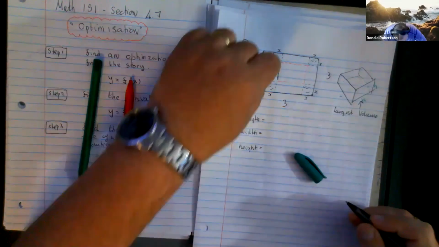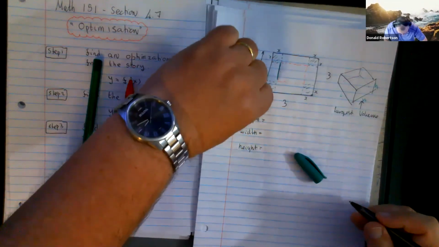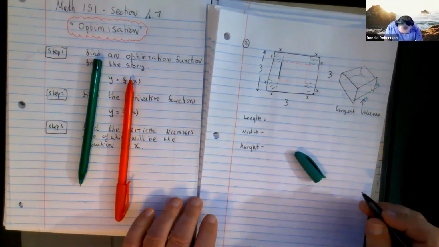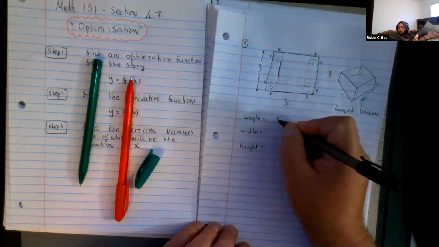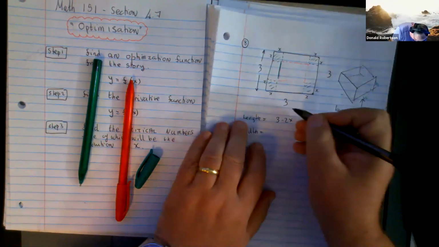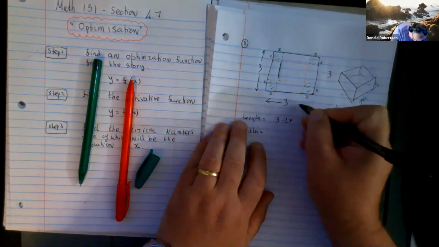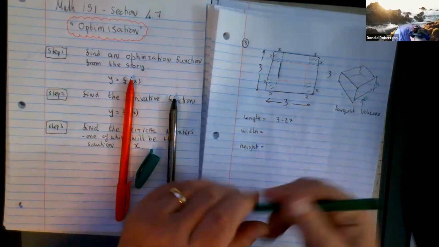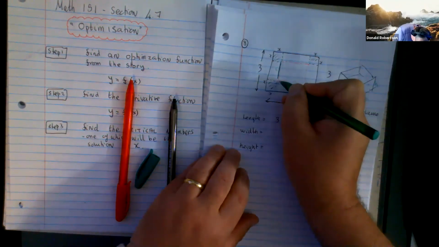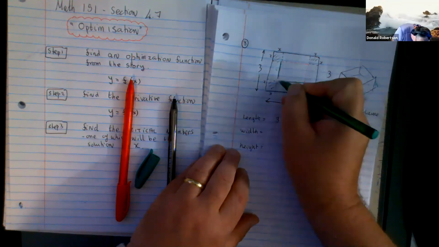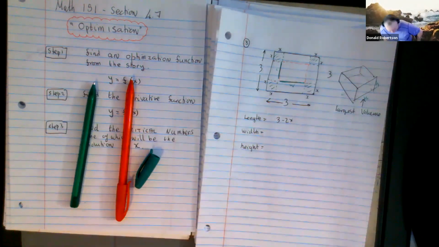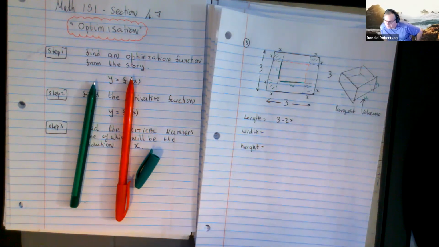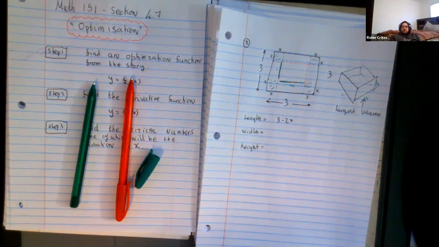But don't I cut an x off this side and an x off this side? So what does that make this length? 3 minus 2x. Great. Now, if we call this side here the width, isn't this distance 3? But the guy that's my little L, the guy that's this distance here, won't that be my width? And what's the width going to be in terms of x? The same.